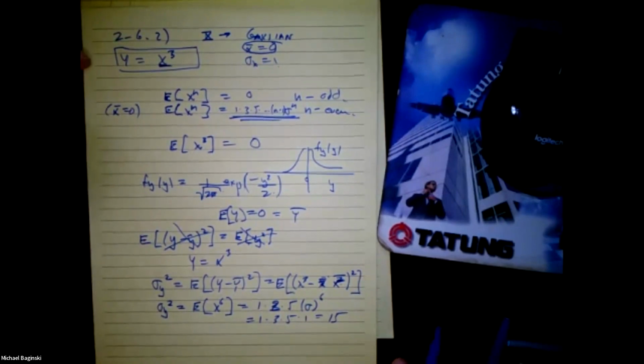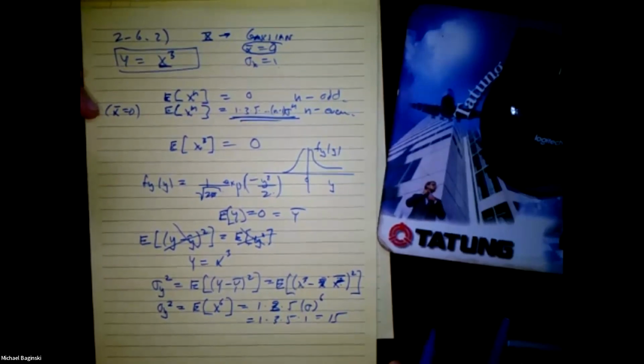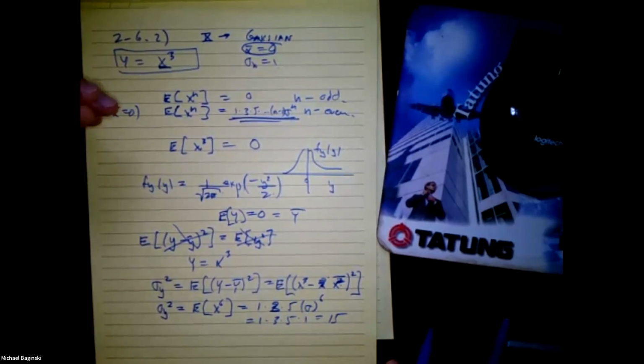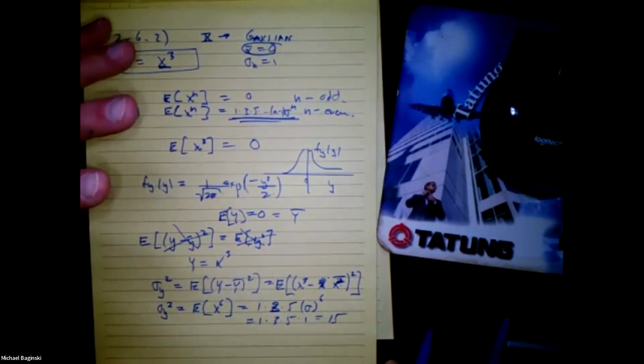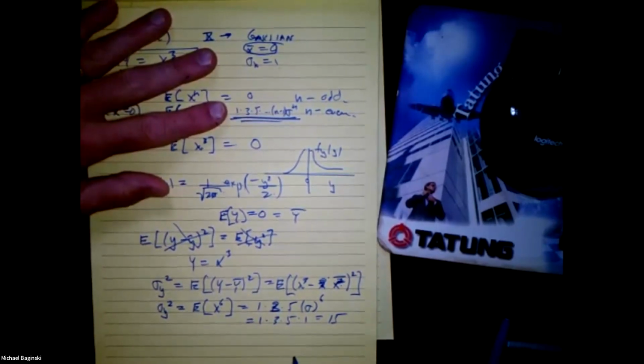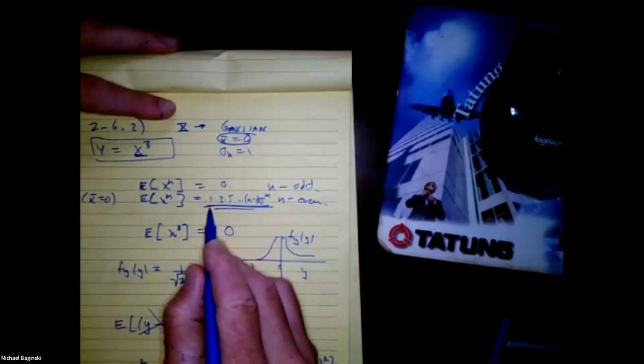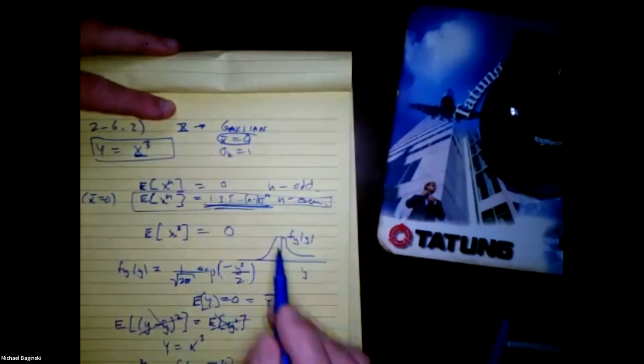It is the expected value of y squared, and since y is x cubed, it's the expected value of x to the 6th. Since x has a 0 mean, it's really going to be an even value, and because it's Gaussian, it's just going to be this formula right here, where n is even.